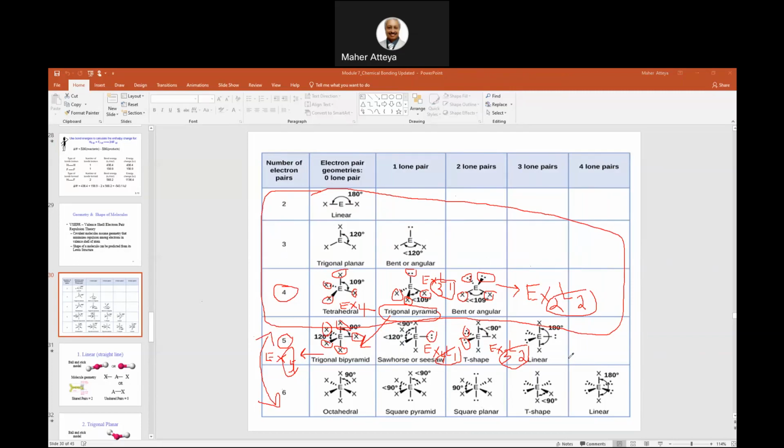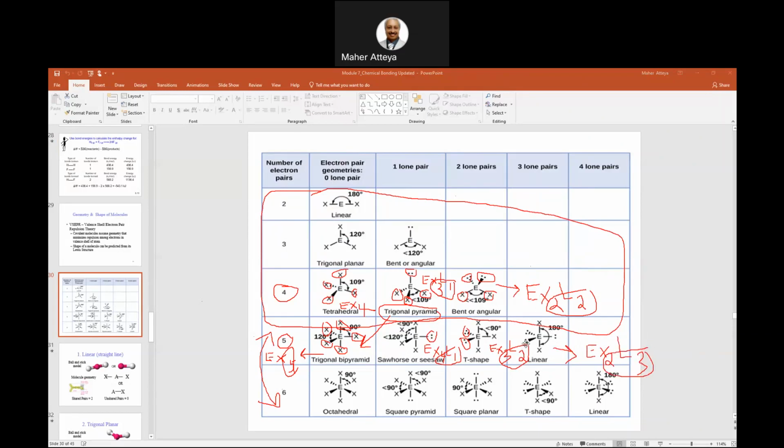Now, if you replace 3 of those terminals with 3 lone pairs, then guess what? This one will be EX2 L3. So still, you add them up, 5.